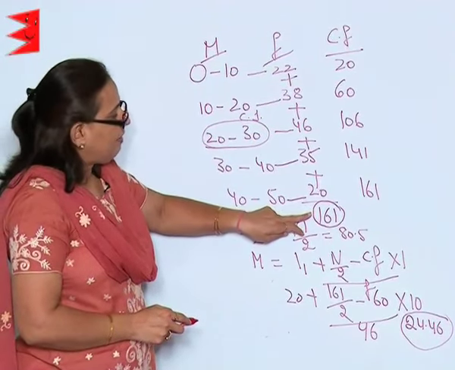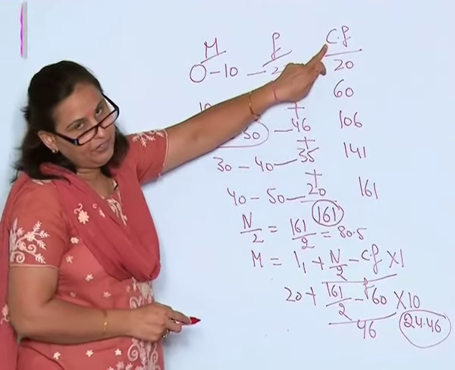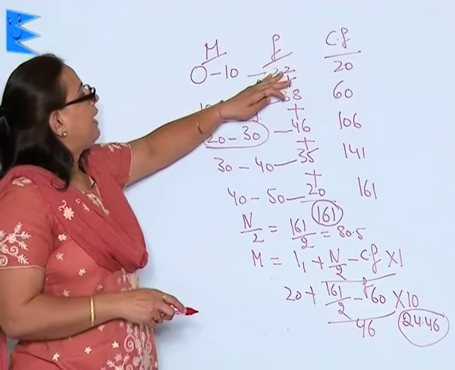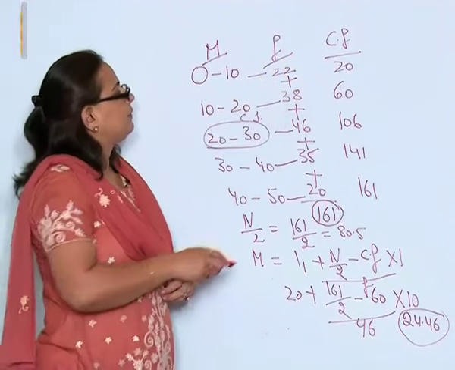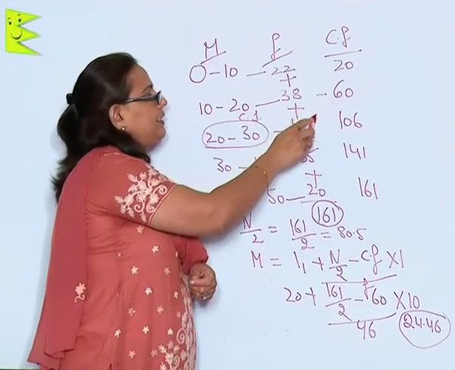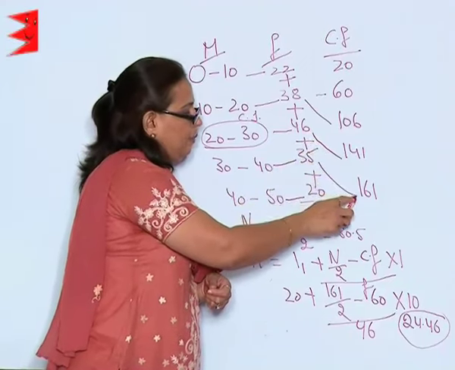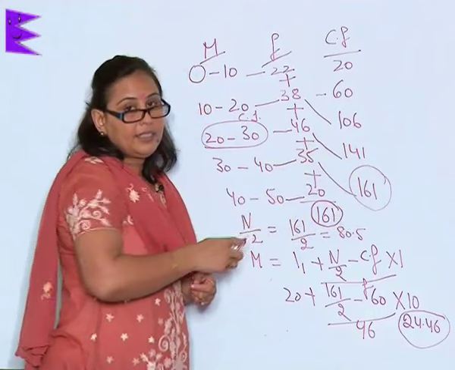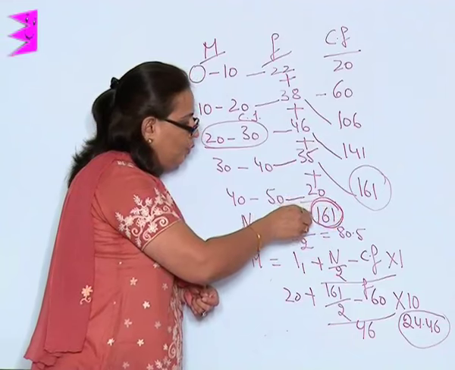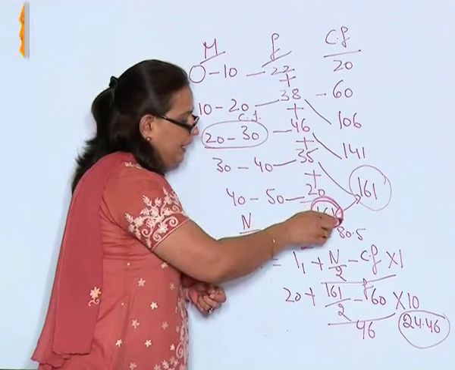Remember, the sigma f should be the last value of the cumulative frequency, and the cumulative frequency is calculated in the same manner by adding on to the frequencies: 22 and then 38, 60, and then 46, 106, and then 141, and then 161 as the last number. The last number shall be equivalent to this. They shall always be the same, and only then it is correct.